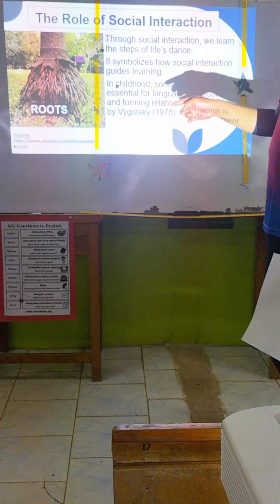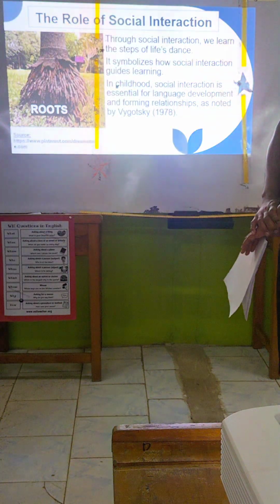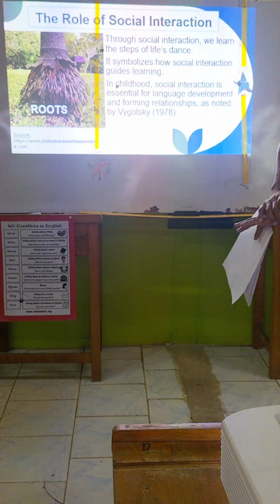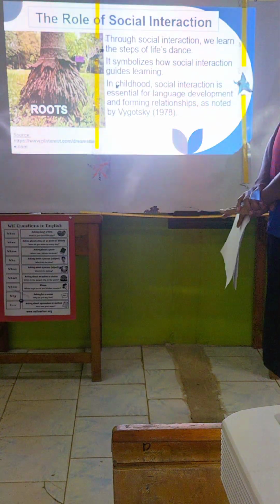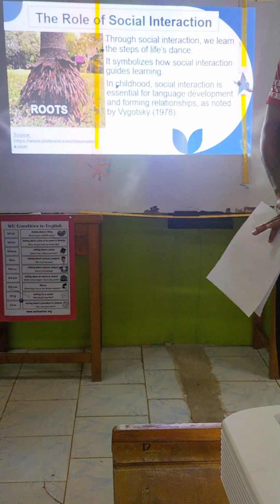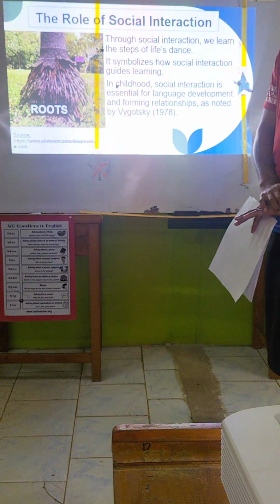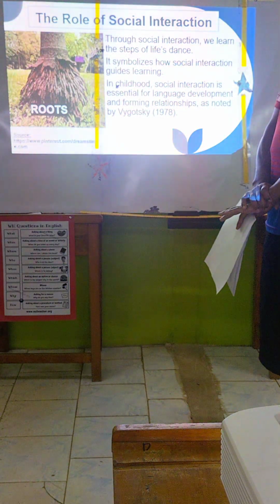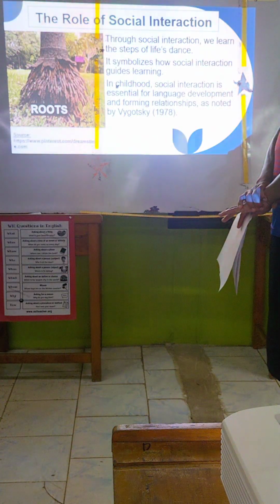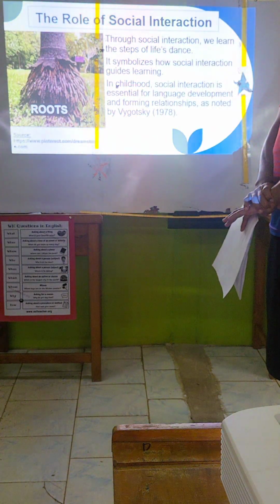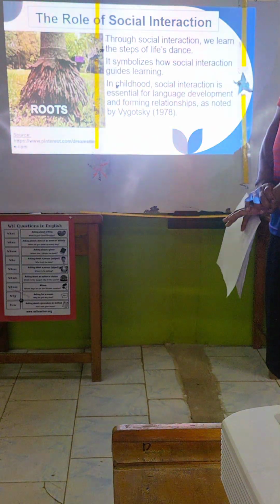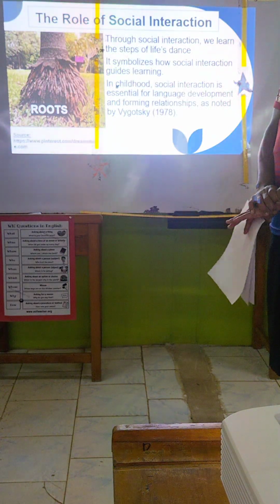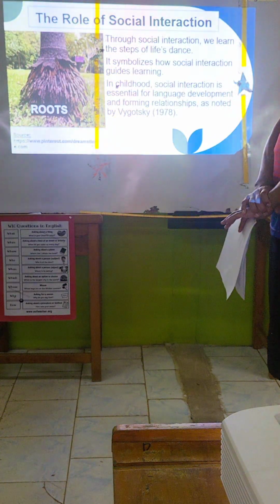Okay? It symbolizes how social interaction guides learning. So, how the roots guide a tree to grow, that is also the same thing a child goes through when he or she develops or grows.